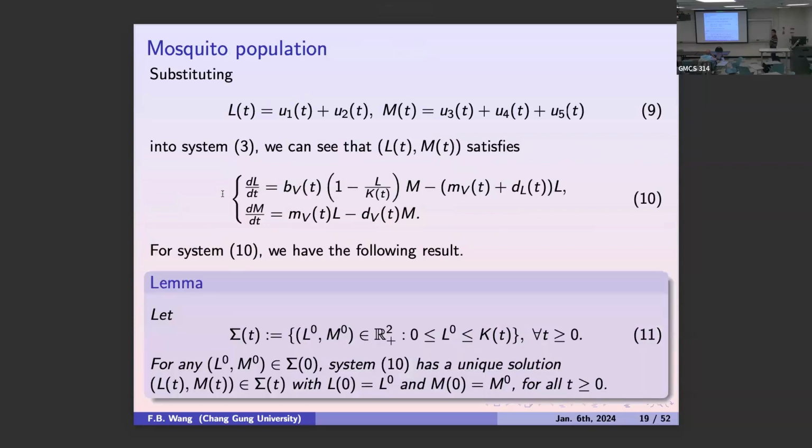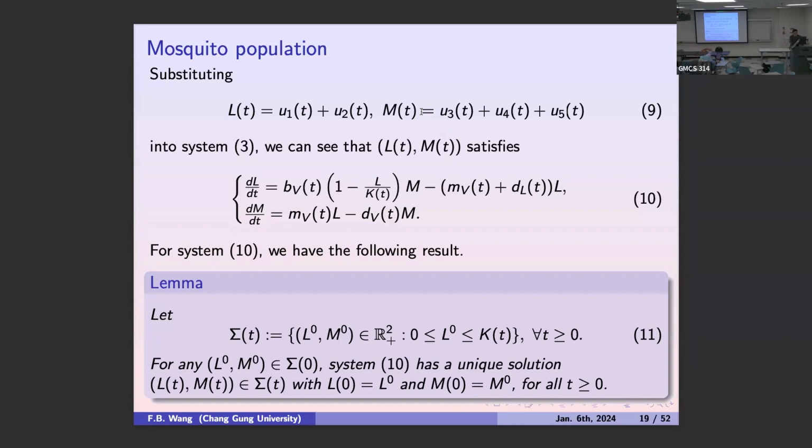Okay, and before we study the real hypothesis, we consider the mosquito population. So here, this U1 and U2 represent the larvae. This term represents the total population of larvae, and this one represents the total population of mosquito. Then we substitute these two terms into our system, and we can find two simple equations, which are decoupled from the other equations.